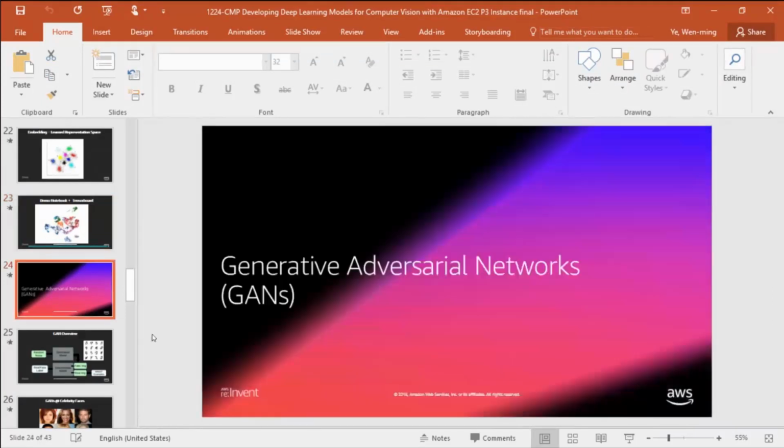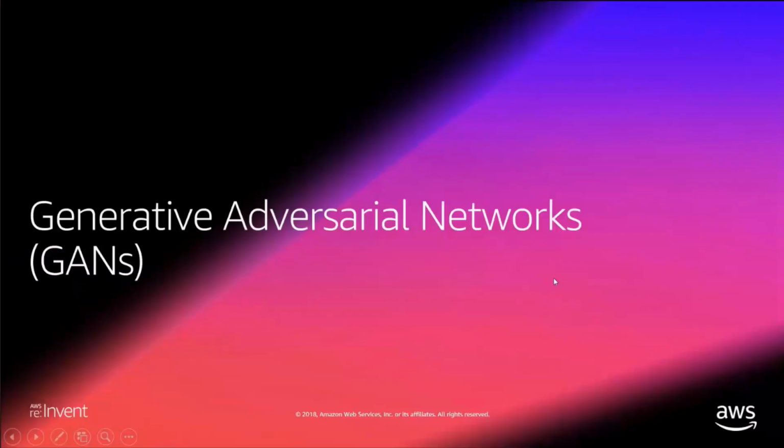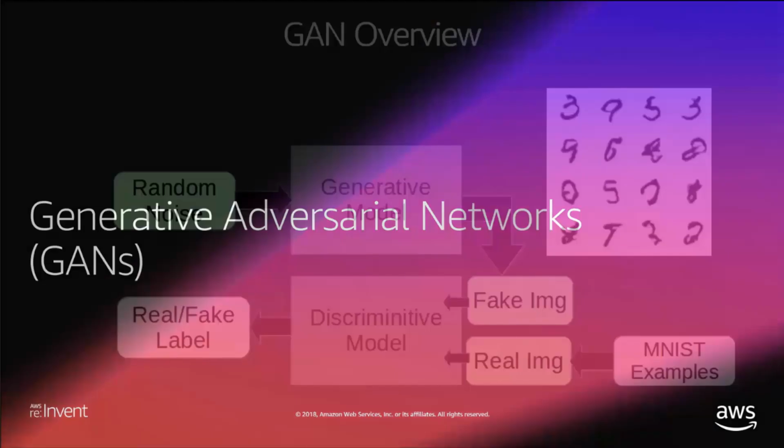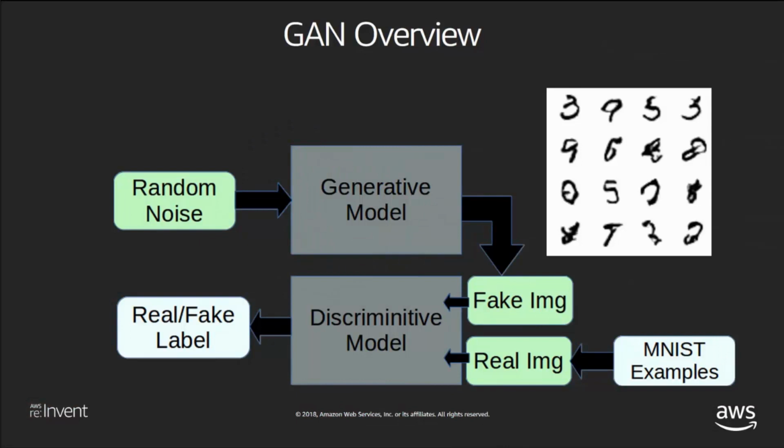Okay, great. Another interesting scenario, which I recently started playing with, is something called generative adversarial networks. The idea is that you have two networks. We want to generate images that are indistinguishable from real ones, by asking the system to generate them from a data set by adding random noise.